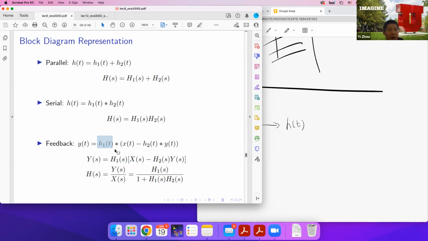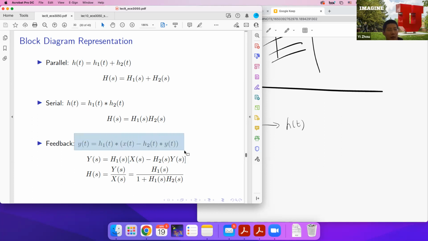Therefore, h1(t) and h2(t) can be viewed as the impulse responses of two separate LTI systems, and their corresponding system Laplace transforms are capital H1 and capital H2.